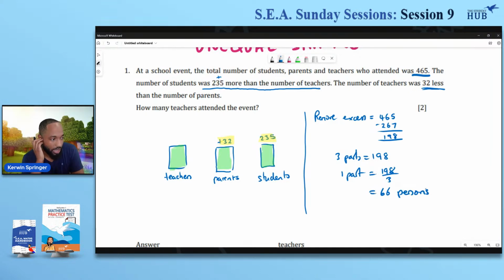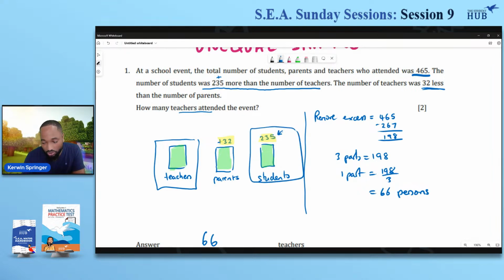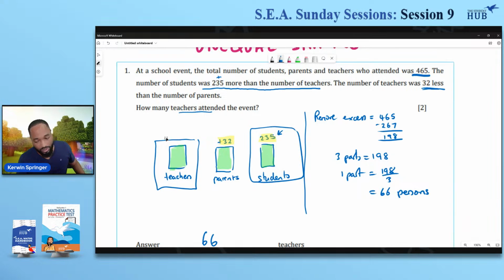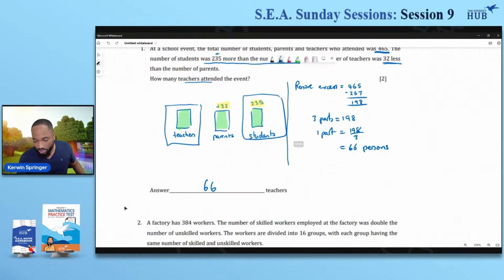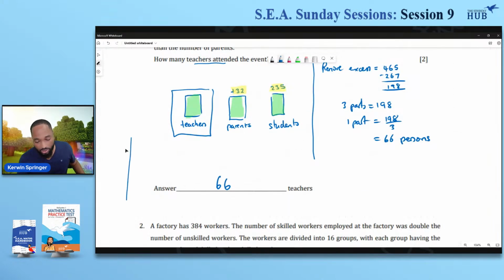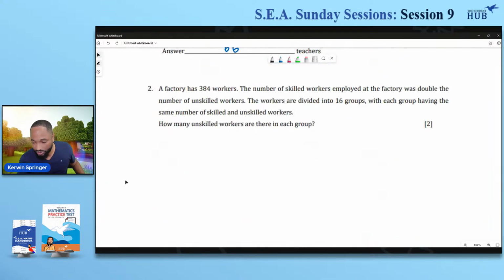What you need to do in this part of the question is stop and see what the question is asking again. The question is asking how many teachers, which is simple. The number of teachers is simply 1 block. So therefore we have 66 persons. Now if you were asking for the number of students, you would have to add that 235 there. Understood? If you got 66, I'm seeing a lot of people with 66.